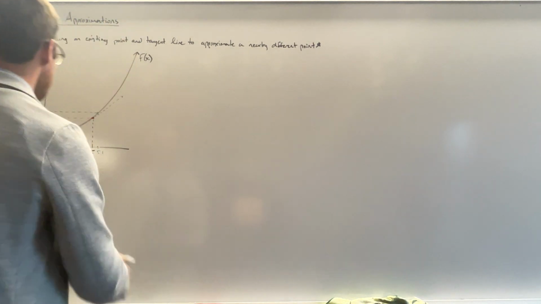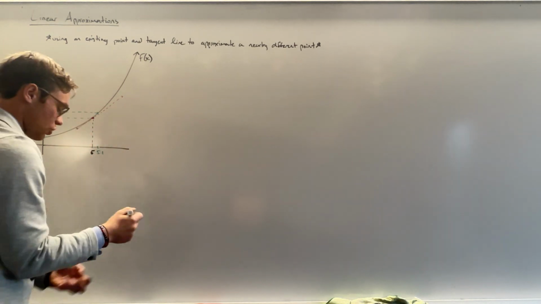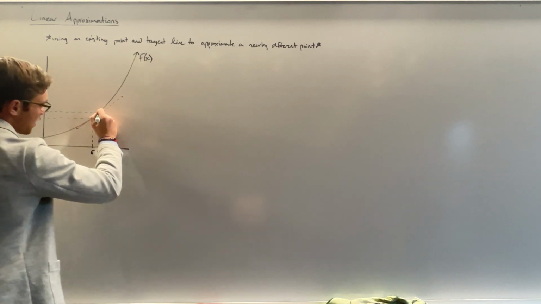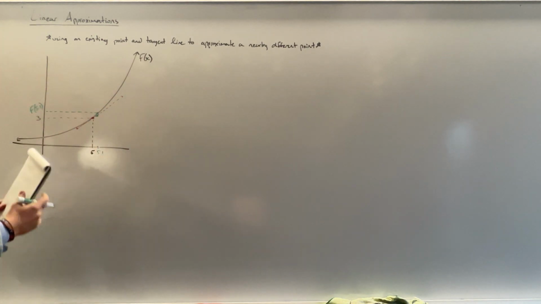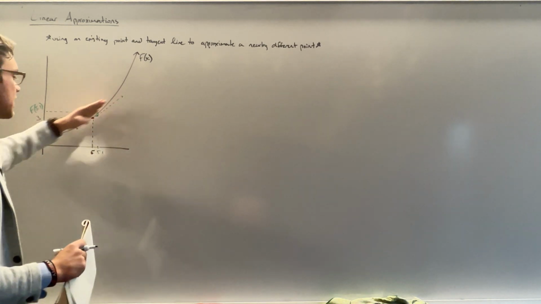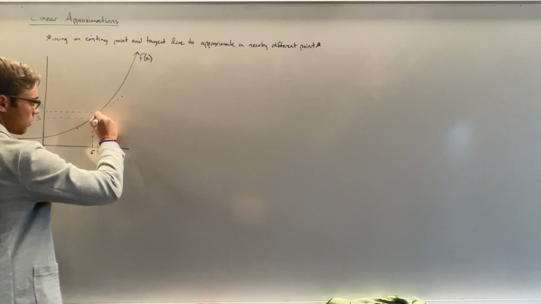What I can do is take the tangent line at this point, which closely follows the curvature of f of x, and use the existing point at 5, comma 3, and the tangent line at 5 to approximate the value here.